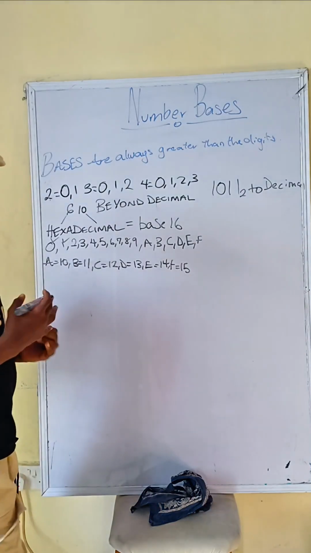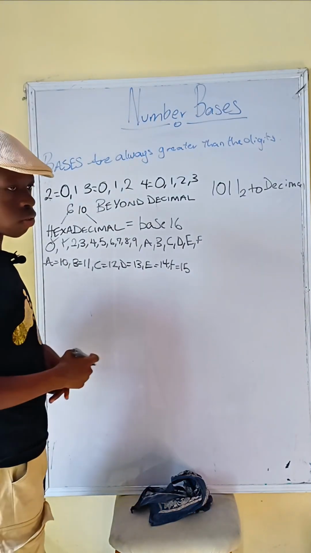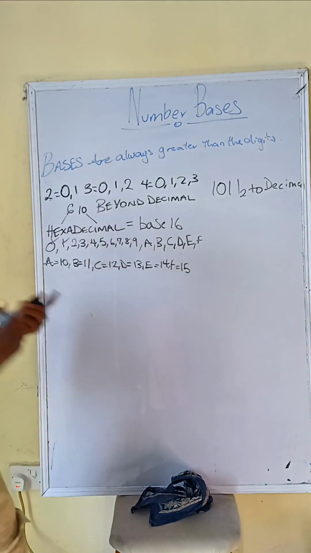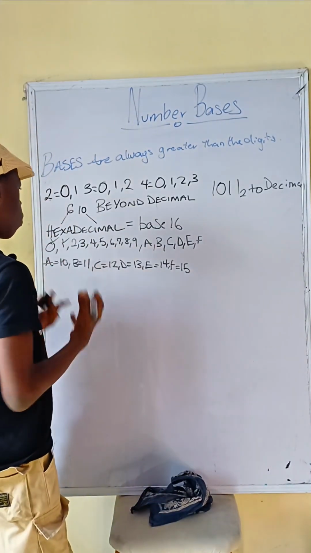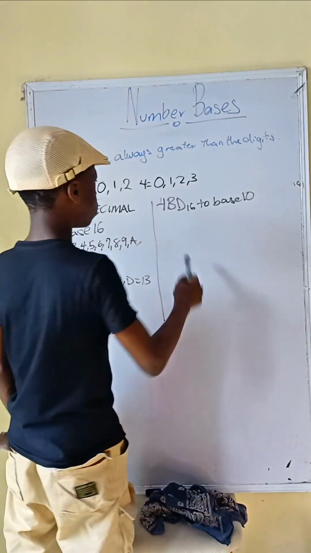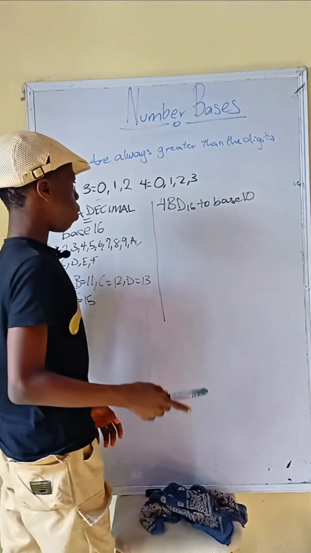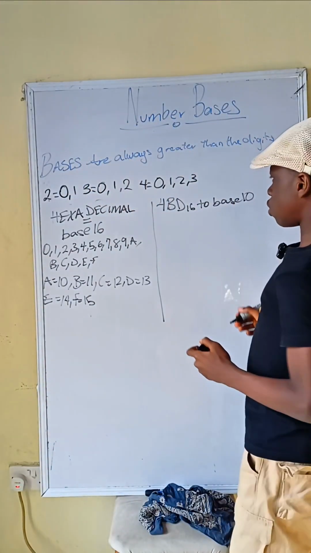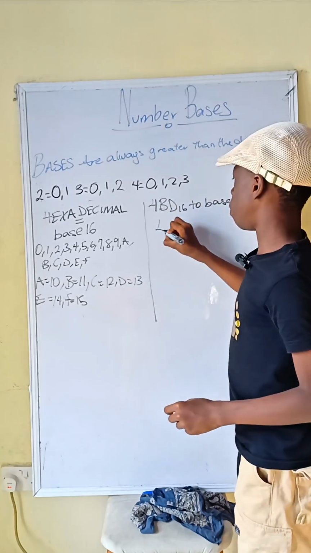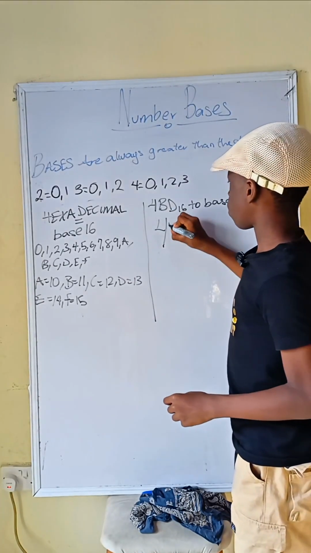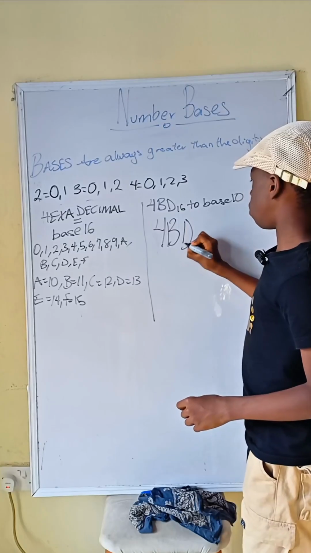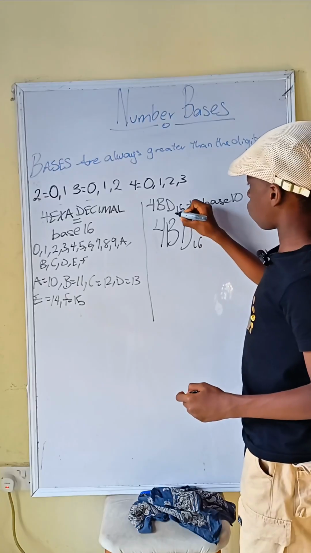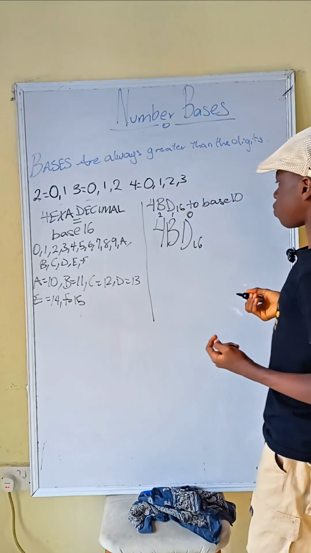So it's very important that we count from uppercase. So when we're tackled with a question like this, we're going to solve it like this. So we bring the 4 down, the B down, the D down base 16. And as you know, you write 0, 1, and 2.